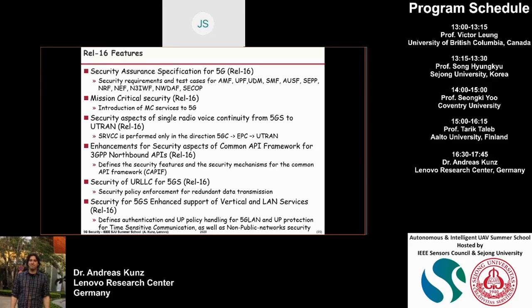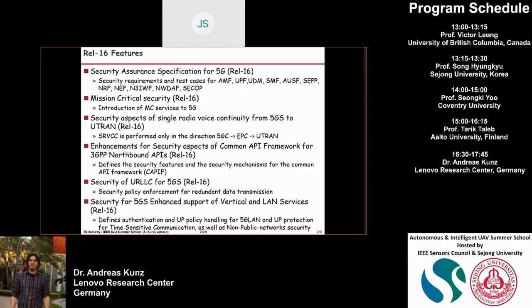So a lot of work was going on the security assurance and specification for 5G, which is covering most of the network functions in the core network, and is a collection of security requirements and test cases, basically for network vendors. We have the introduction of the mission critical services into 5G, which were there already for 4G.